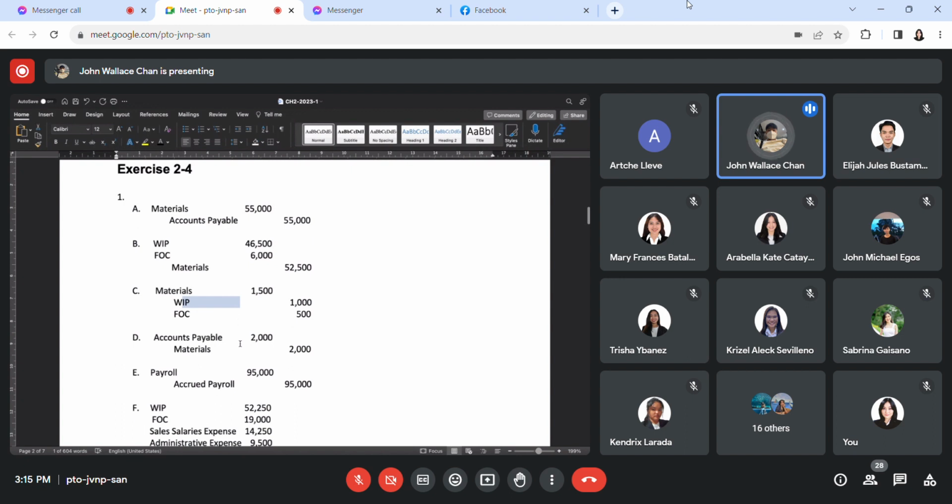For letter D, materials returned to vendors total to 2,000 pesos. So we debit accounts payable for 2,000 pesos, then we credit our materials for 2,000 pesos.